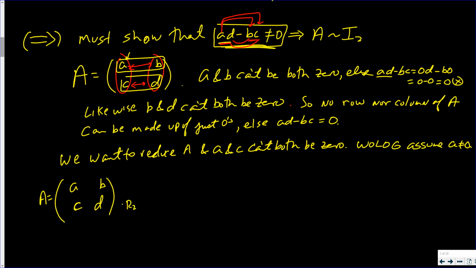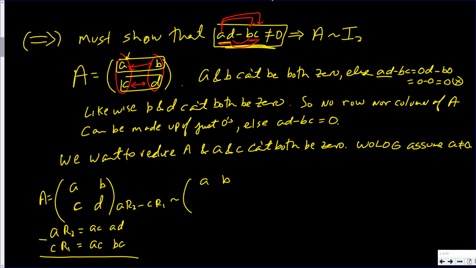If I take row 2 and multiply it by A, which is not 0, and I take row 1 and I multiply it by C, where C may or may not be 0, I'm clearly not changing row 1, and A times row 2 will be AC, AD, and C times row 1 will be AC, BC, and if I subtract, I get new row 2, which is 0, AD minus BC, which we know is not 0. So I get 0, AD minus BC.